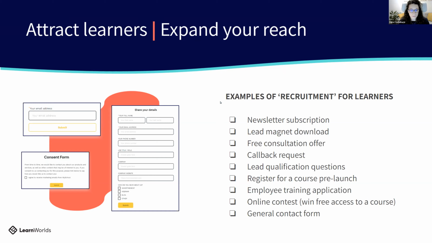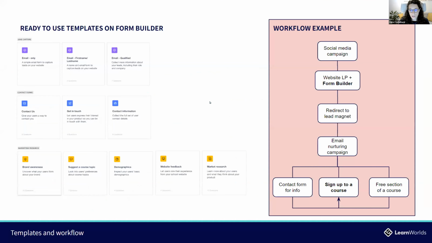using. So for example, let's say that you're running a social media campaign, and from there you have a link that goes straight into your form builder, for example, to download a valuable piece of content that you want to share with your audience.